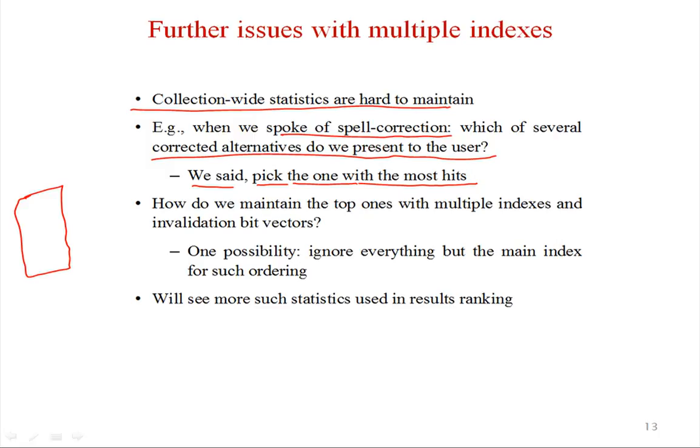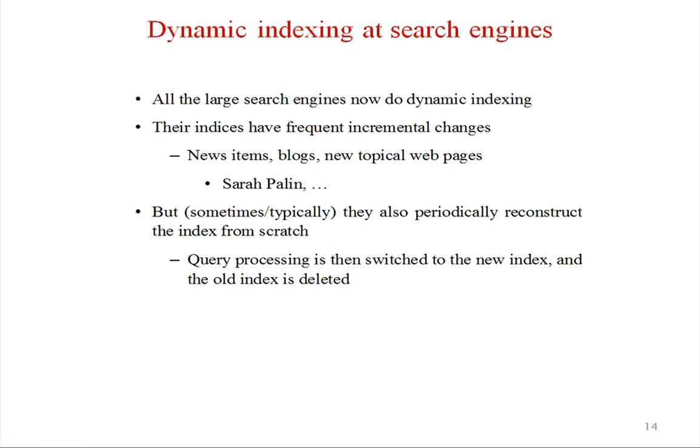The same kind of schemes are applied here. Let's pick the one with the most hits. And how to maintain the top one with multiple indexes and invalidation bit vectors? The answer may be to ignore everything but the main index for such ordering. We will see more statistics in results in ranking.